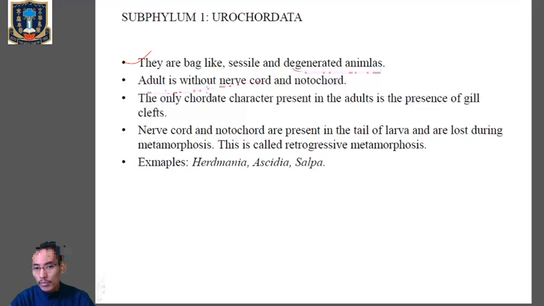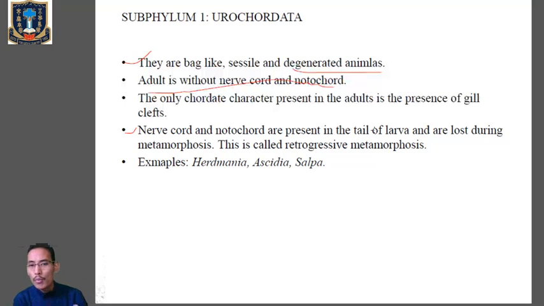The adult is without nerve cord and notochord. That means in the adult form we don't find nerve cord and notochord, but mainly in the larval stage. You can see over here that the nerve cord and notochord are present only in the tail of the larval stage.